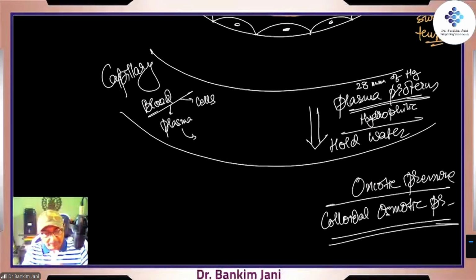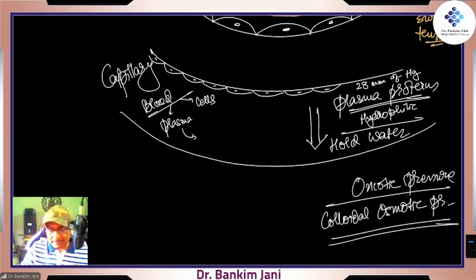Next, we need to make this capillary like this, because in capillaries also there are cells, right? These are a single layer of cells, very tightly bound. So only some of the things can really pass.